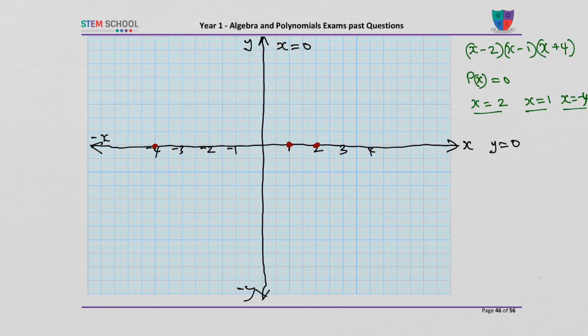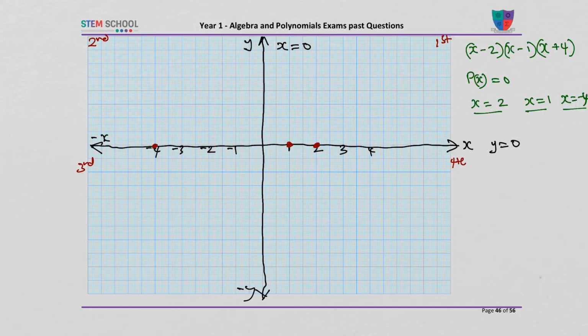Now the graph is a positive cubic, which means this is the first quadrant, second quadrant, third quadrant, and the fourth quadrant. We draw graphs from second and third. If it's an even exponent, we start from second. If it's an odd exponent, we start from third, obviously with positive A for both.